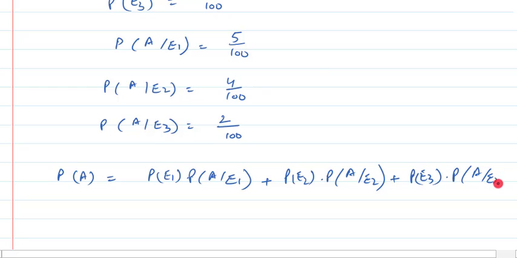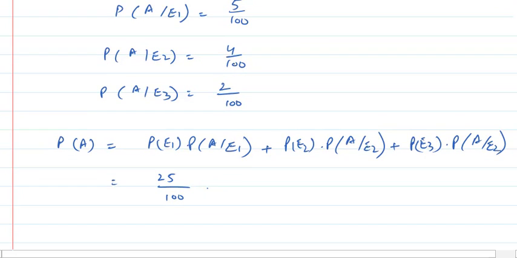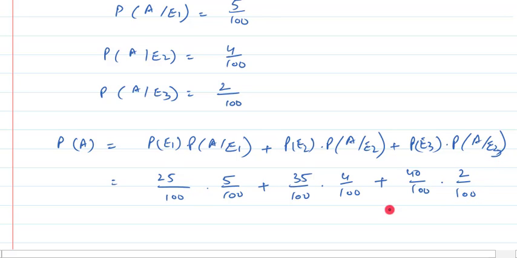Any case may happen out of these three, that's why we'll add all three. This equals 25 upon 100 into 5 upon 100, plus 35 upon 100 into 4 upon 100, plus 40 by 100 into 2 by 100. After calculating the value, we can find the required result.